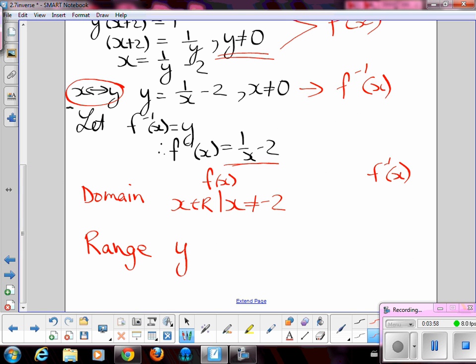We also know that y is an element of real numbers such that y cannot equal 0. Now, if I look at the domain and range of the inverse of that, you can see that we did gain it right here. So again, x is an element of real numbers such that x cannot equal 0.